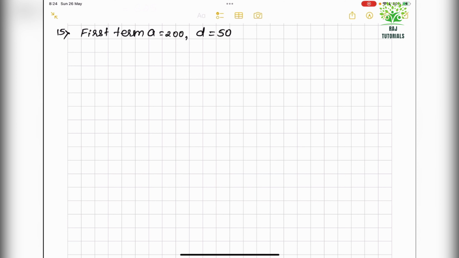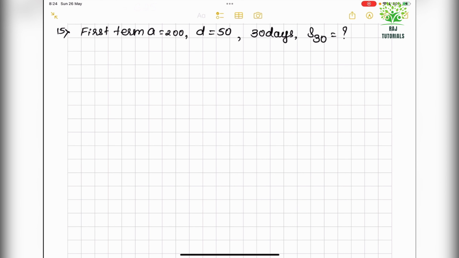So we need to find for 30 days. So I can say, okay, I need to find S30, which he has asked me. Now we know a, we know d, we have to find S30. So first of all, Sn will be n by 2 into 2a plus n minus 1 d.